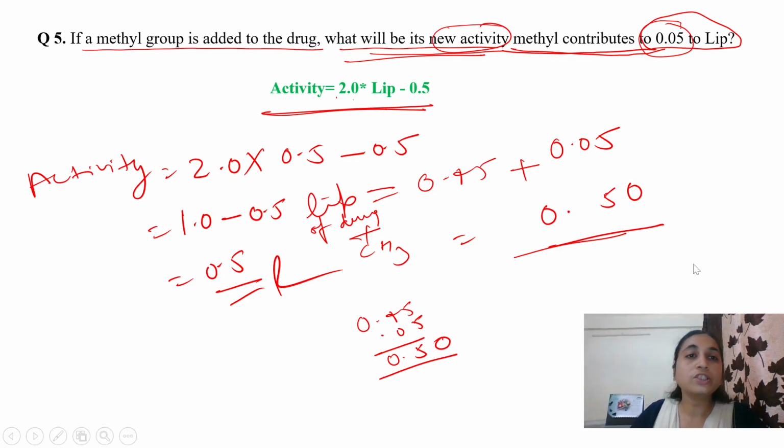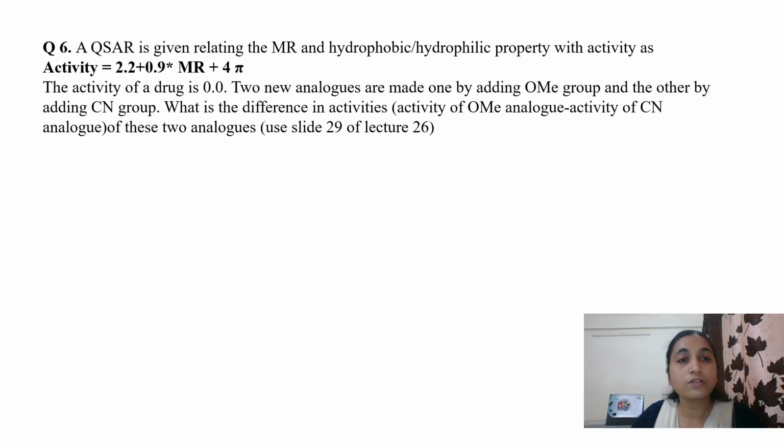So now move to question number 6. A QSAR is given relating the MR and hydrophobic and hydrophilic property with activity as activity equals 2.2 plus 0.9 into MR plus 4 into pi.